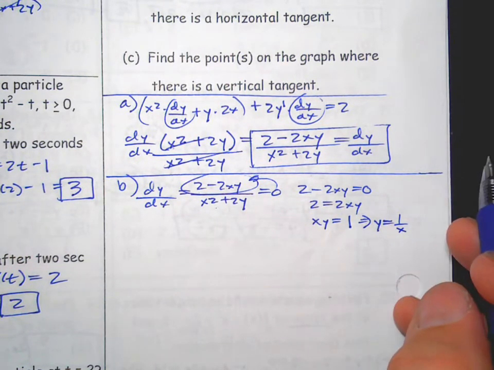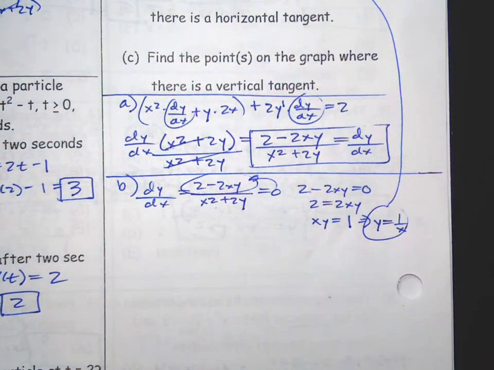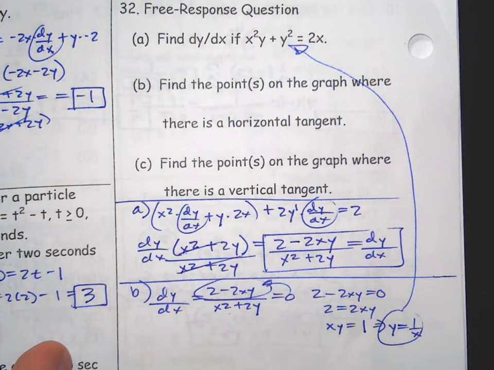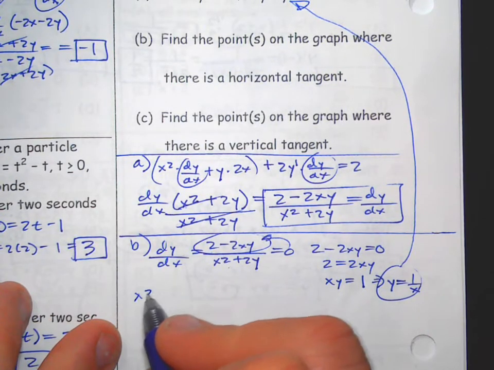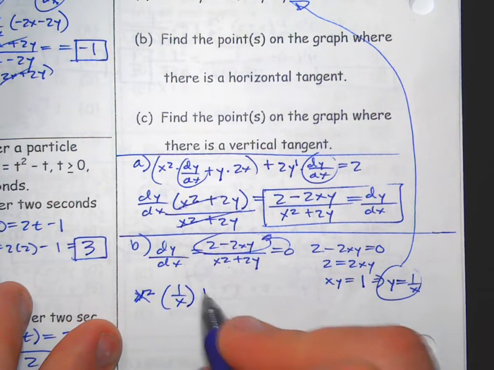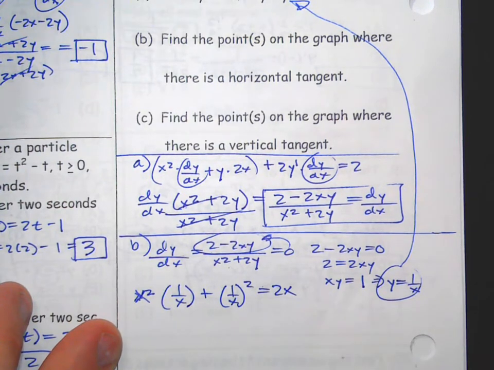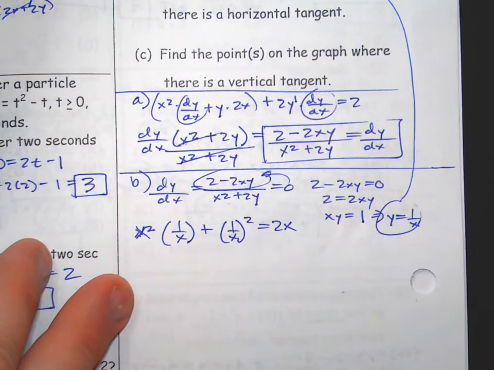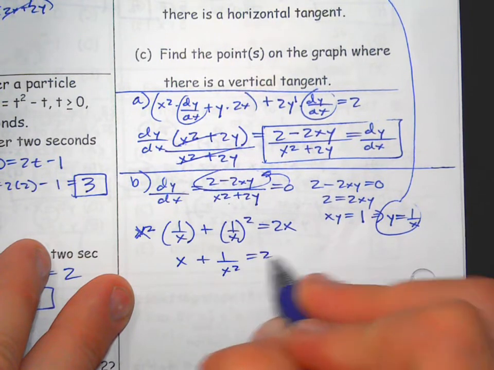So I guess what we could do is plug this back into the original equation, because that's another equation for y and x, and then we should be able to solve for x. So where I see the y, I'm going to put 1 over x: x squared plus 1 over x squared equals 2x. Now I'm going to try and solve this equation. So that's x plus 1 over x squared equals 2x.